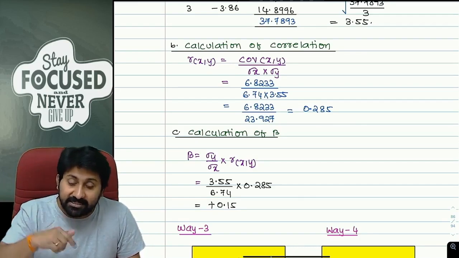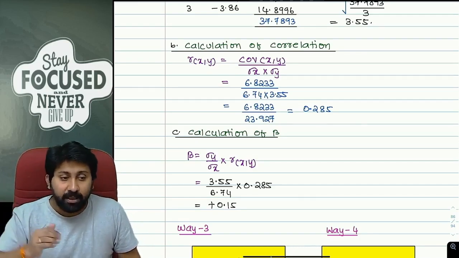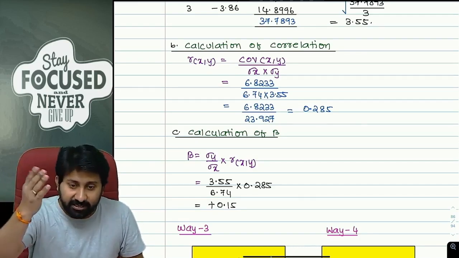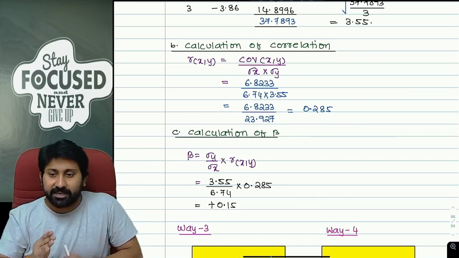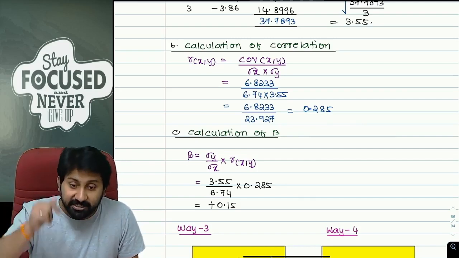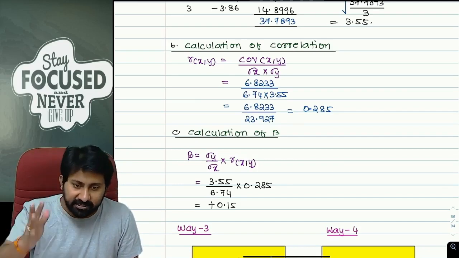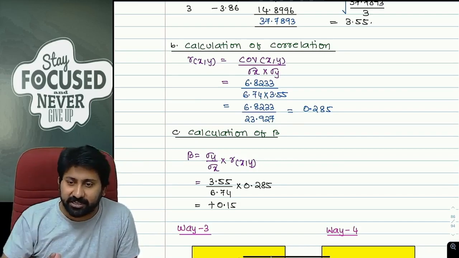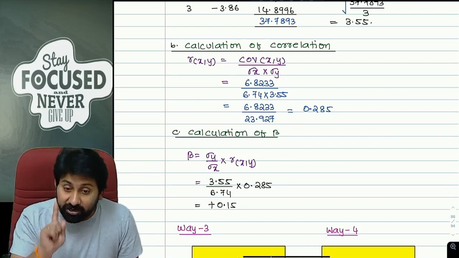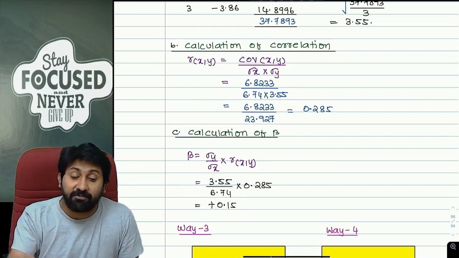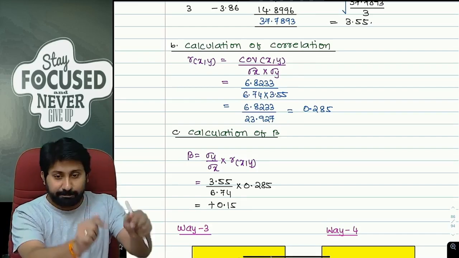How many times is this relationship true? It does not mean 100 times out of 100. It is true 28.5 times out of every 100 times.